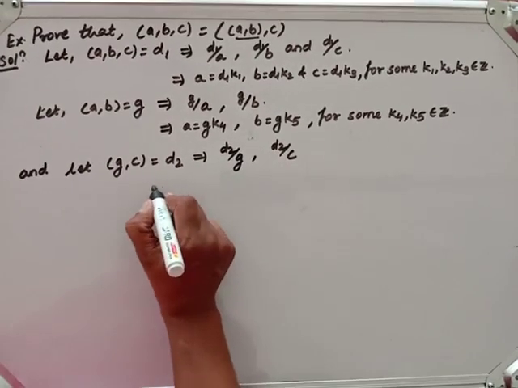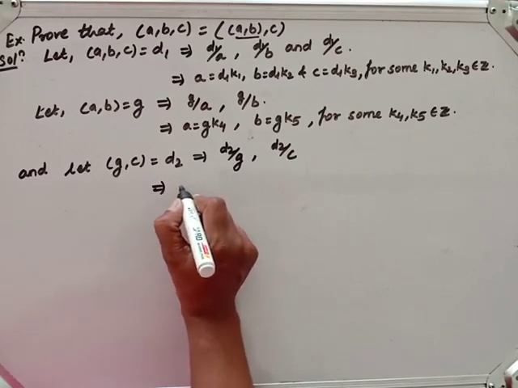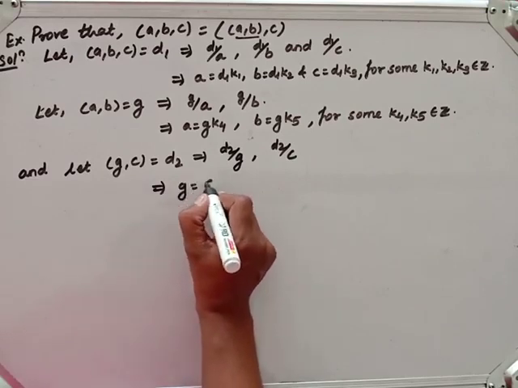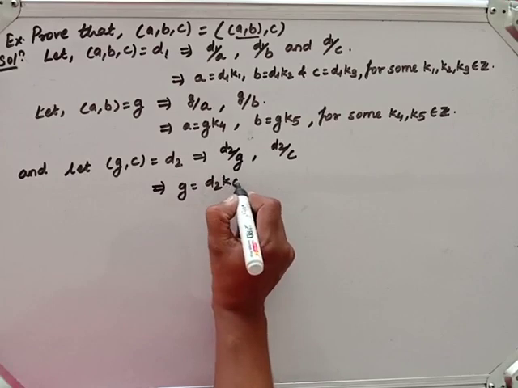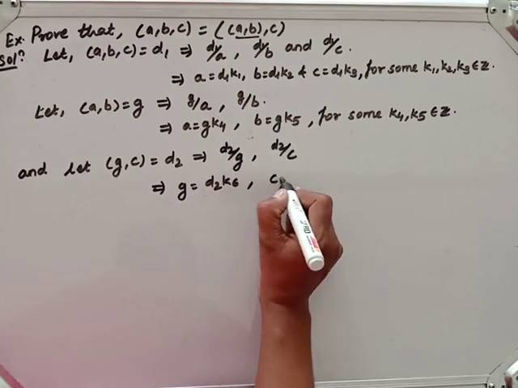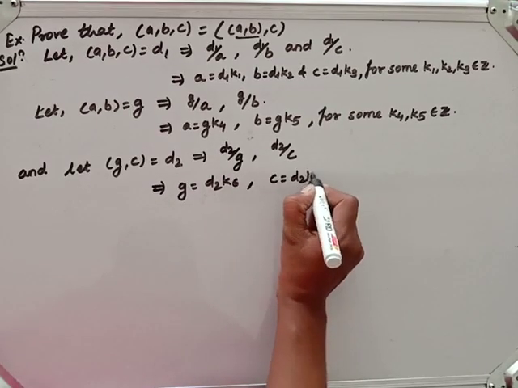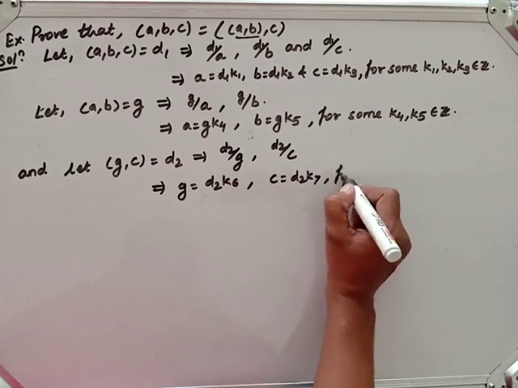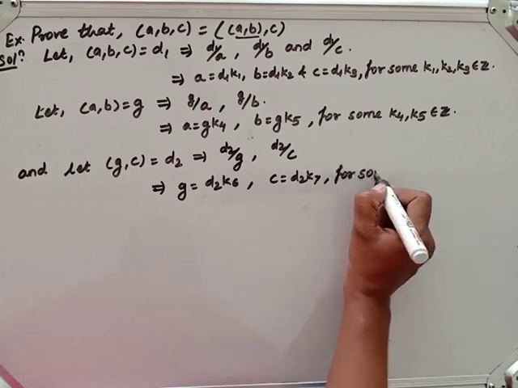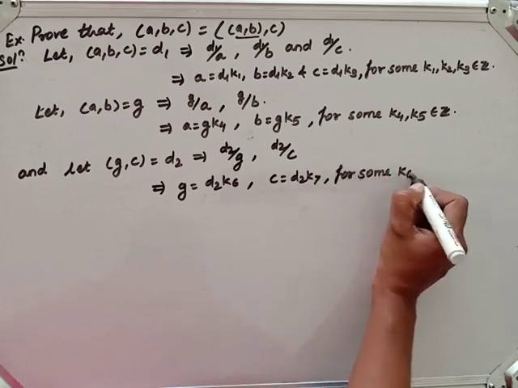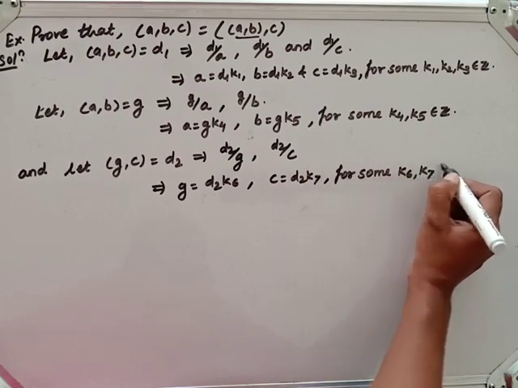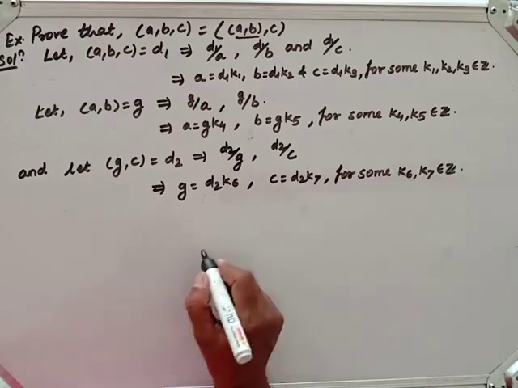So this says G is equal to D2 K6 and C is equal to D2 K7, for some K6, K7 integers.